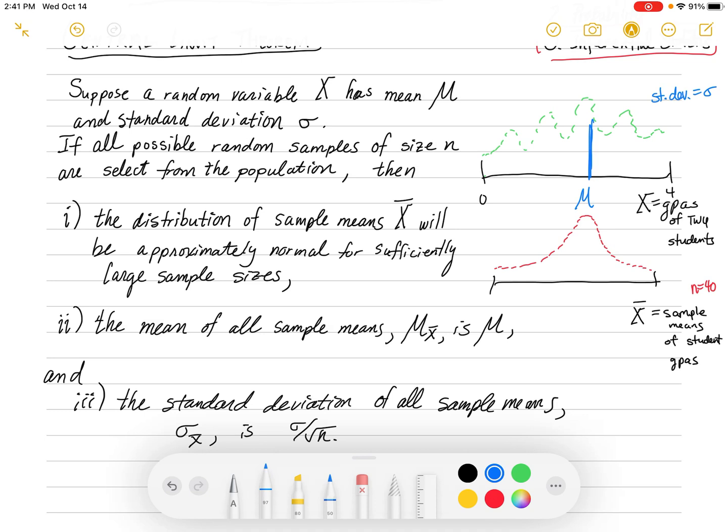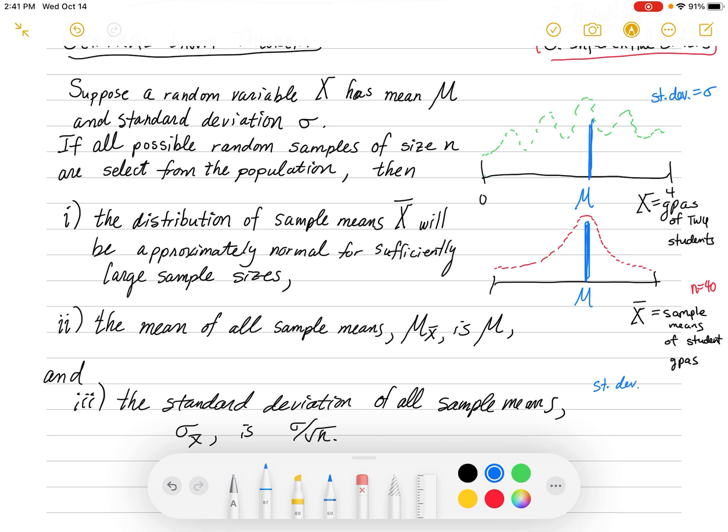Number 2 says that the mean of the X bars is going to be the mean of the original population. So the mean here is also going to be mu. That doesn't change. And then number 3 says that the standard deviation, which I call sigma X bar, let me write it this way.